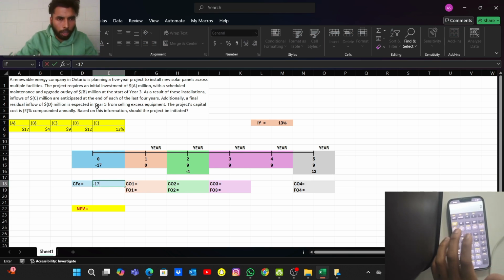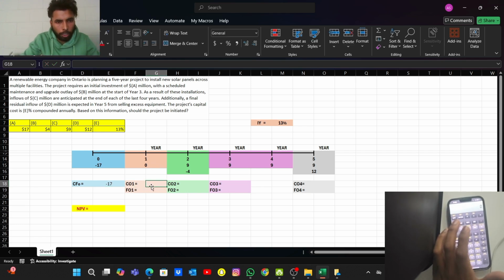After that, the maintenance at the start of year 3 means the beginning of the third year, the interval 2 to 3. That amount is entered in the timeline there. But don't forget year 2: there is no inflow or outflow.